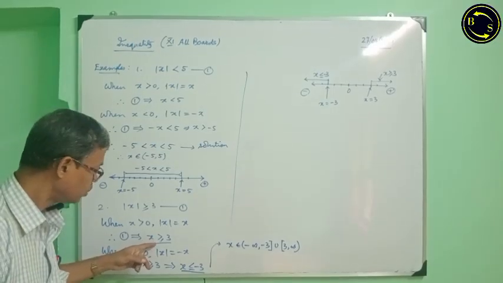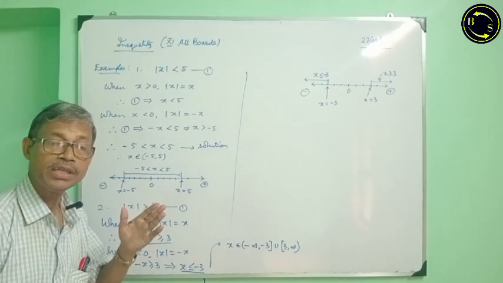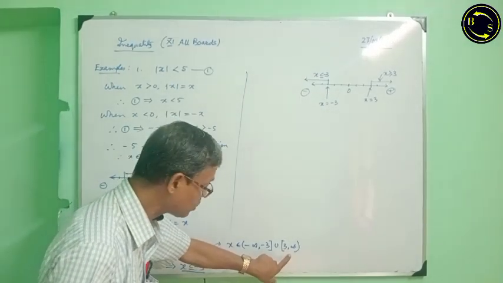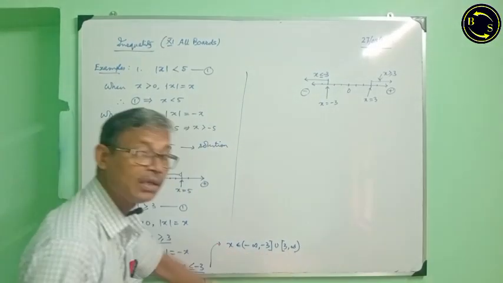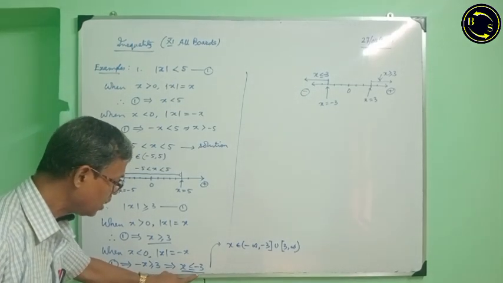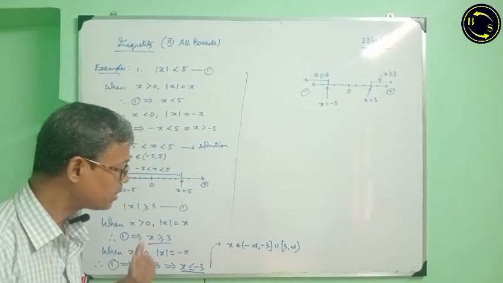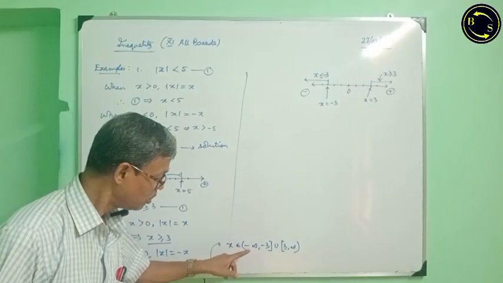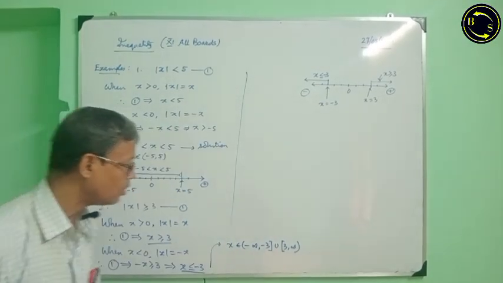x greater than equal to 3, therefore x can take values 3 or greater than 3, that is up to infinity, represented by this half open interval, and x less than equal to -3, that means x can take values -3 or less than -3, that means it may take large negative values, therefore represented by this symbol.